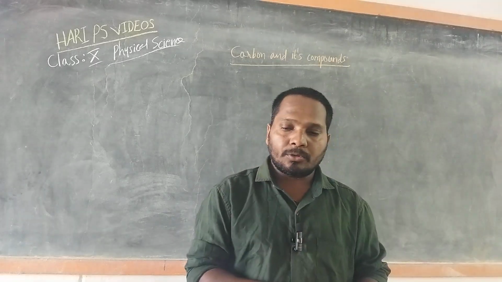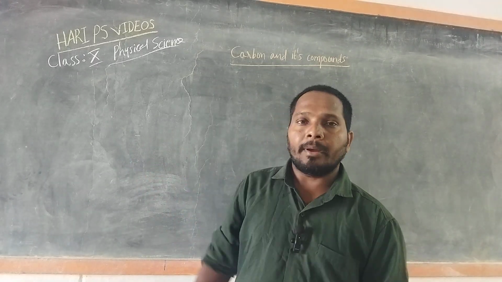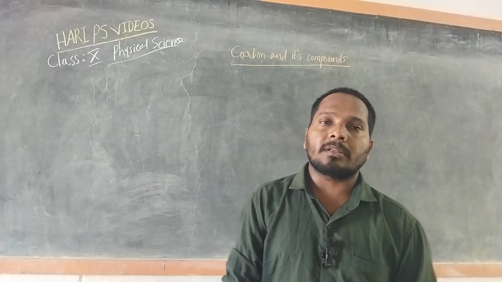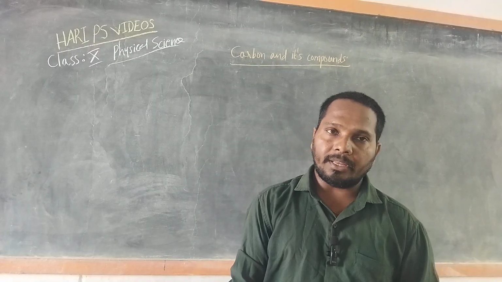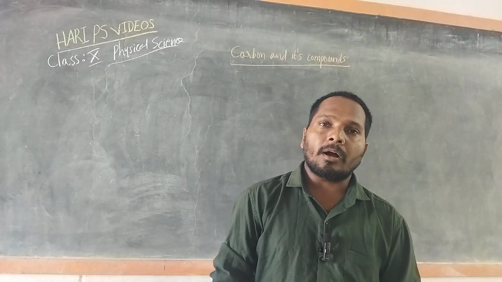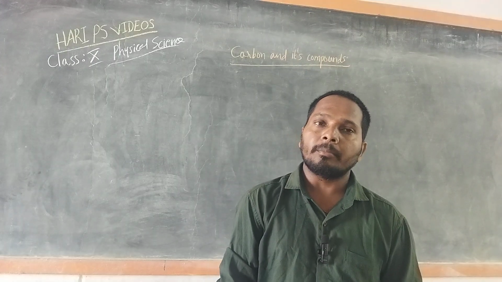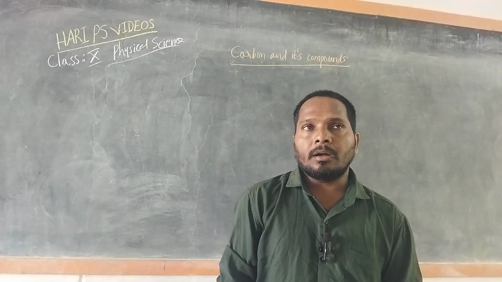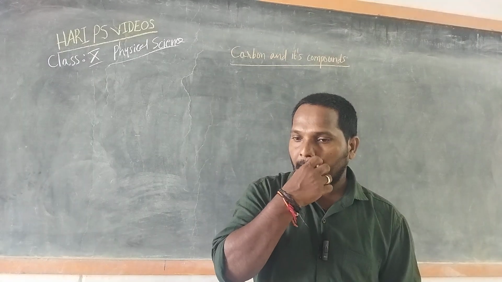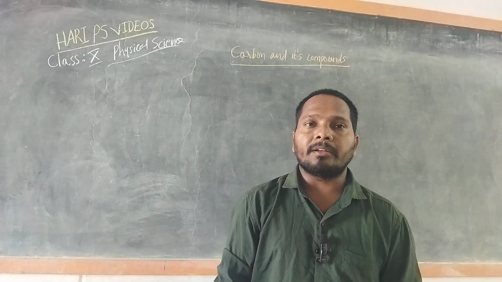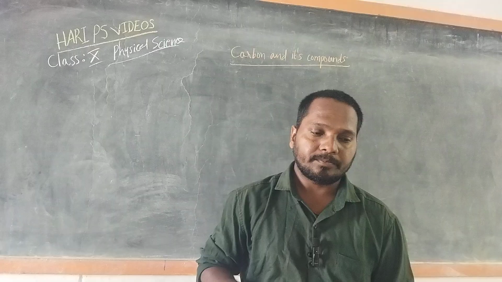We discussed diamond, graphite and Buckminster fullerene, and one of the latest ones, graphene. Coal is another form, and charcoal is also another form. These are all allotropic forms: different forms but with the same chemical properties, right?